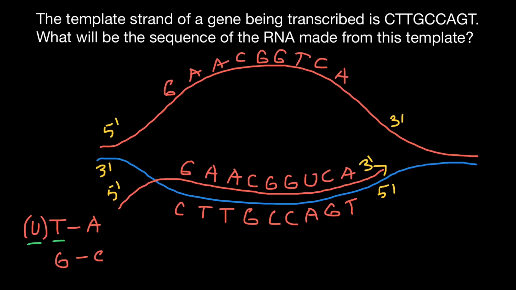Because the sequence of the messenger RNA is the same as this strand of the DNA, we call this strand of the DNA the coding strand, coding. And that's why we call this strand of the DNA non-coding.